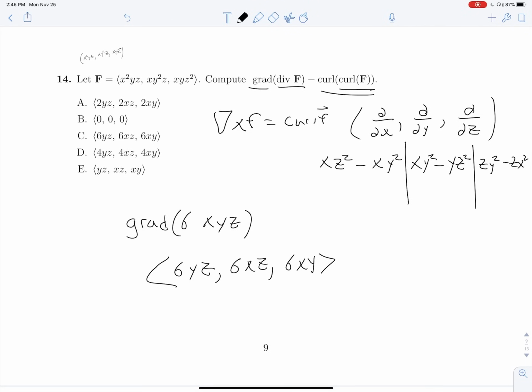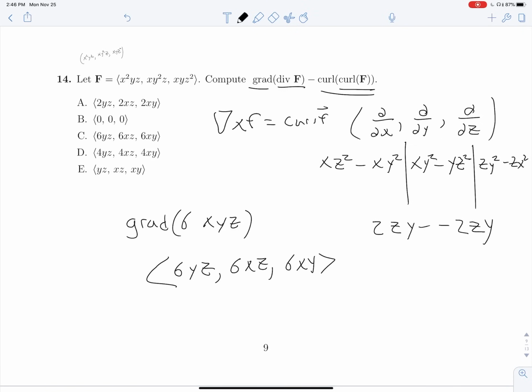We see that our first component of the curl is going to be 2zy minus negative 2zy.